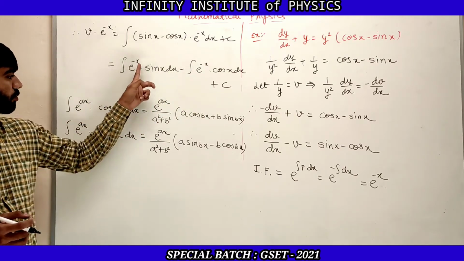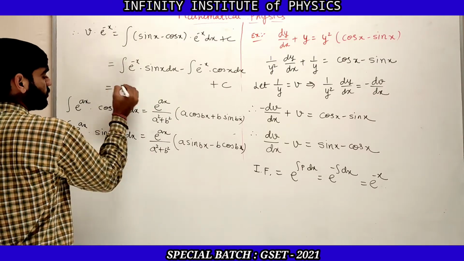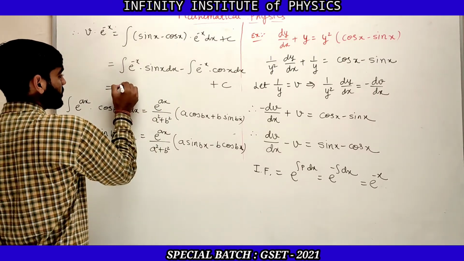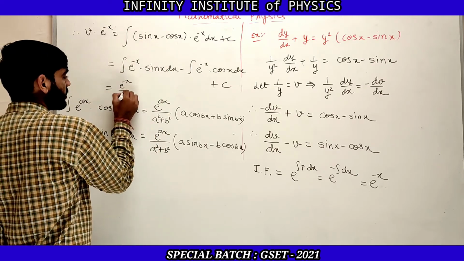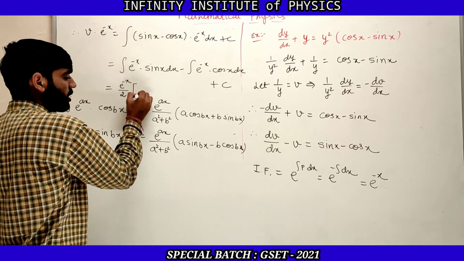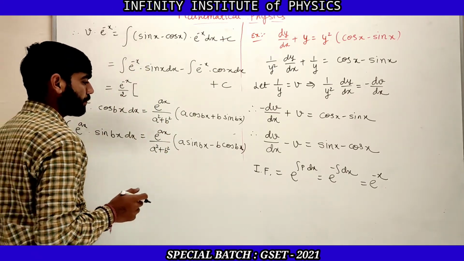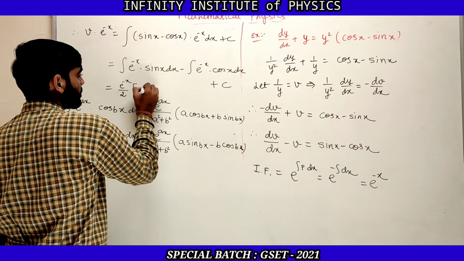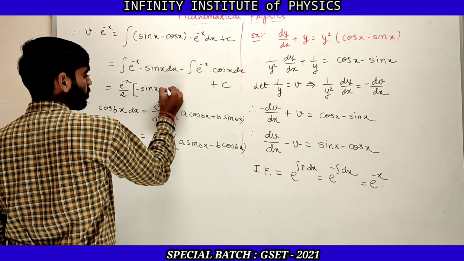So a is equal to minus 1, b is equal to 1. In the first one, e raised to ax, so it is e raised to minus x, upon a square plus b square, so it is 1 square plus 1 square, so it is 2, into a that is minus 1, so minus sin x minus cos x.